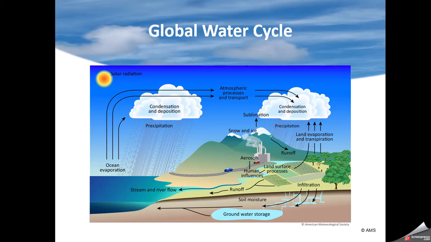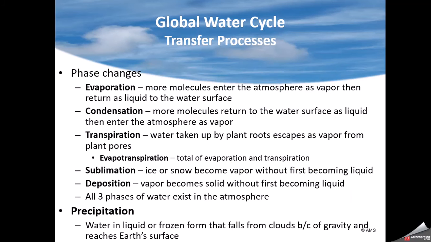You have evapotranspiration out of plants. Did you ever think about the humidity in the summertime? It actually gets more humid late in the afternoon because of all the evapotranspiration from plants. So these are the things we're going to talk about.